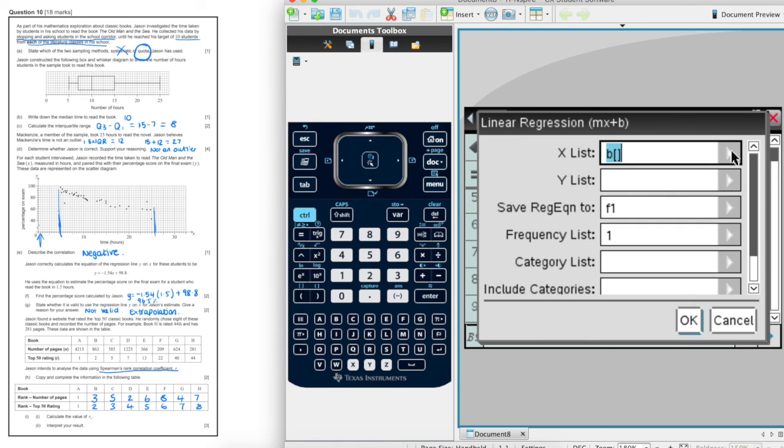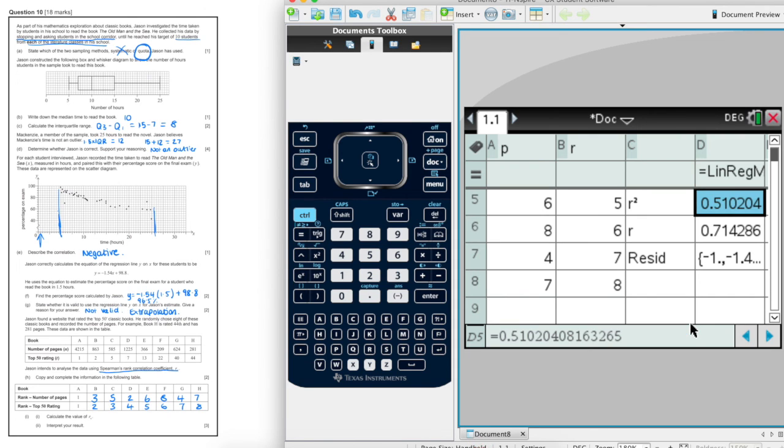The X list of data is my number of pages, which I put as P. The Y list of data is the ranking. And then we click OK. And we can see there that the R value is 0.714 to three significant figures.